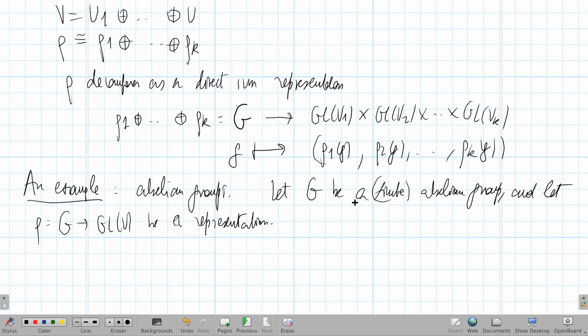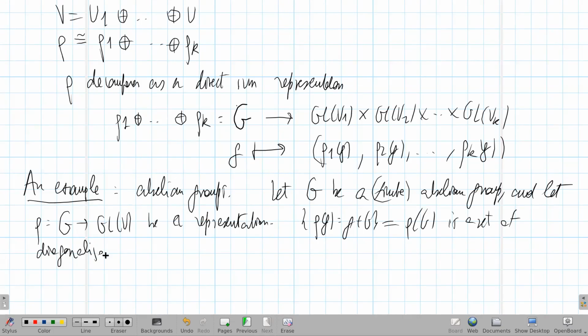So this set rho of G, which is the image of G under rho, is a set of diagonalizable, more about this in a second, mutually commuting matrices.